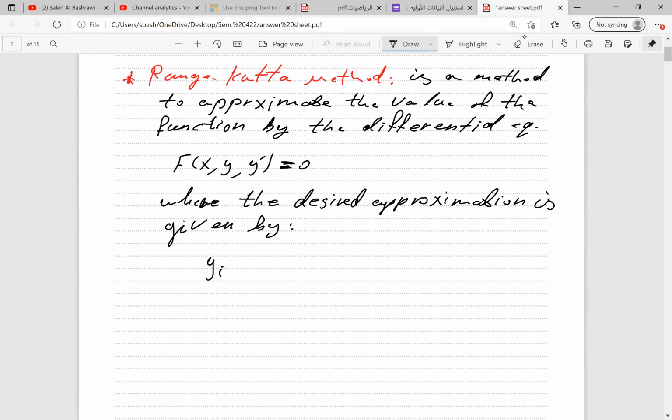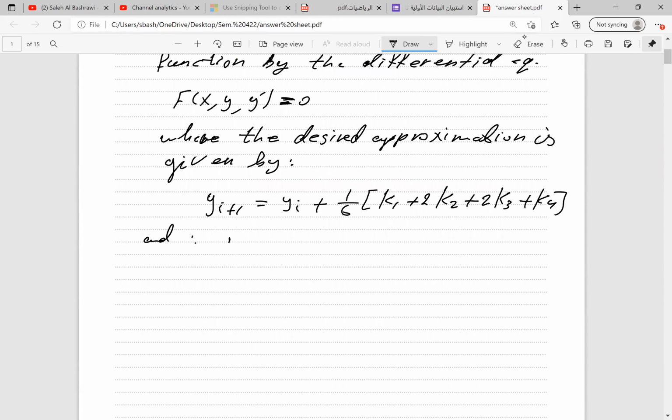y sub i plus 1 equals y sub i plus 1 over 6 multiplied by k1 plus 2 k2 plus 2 k3 plus k4, where k1 is given by h multiplied by f of x i, y i.